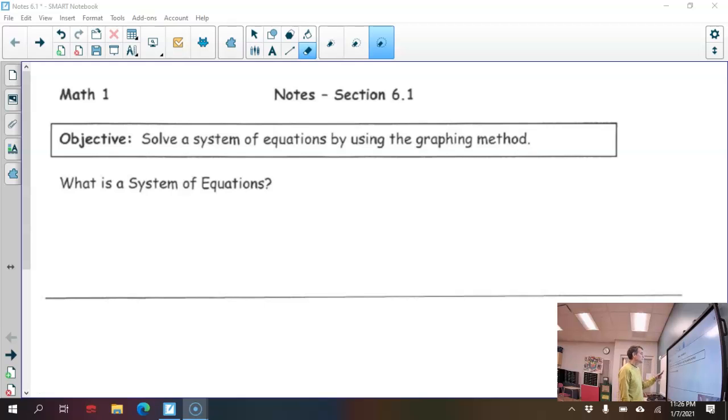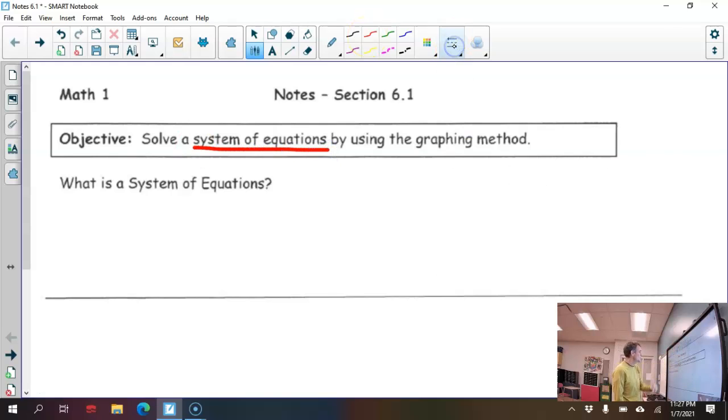Before we can solve a system of equations, I think we would like to know, what is a system of equations? So, here's what it is. What is a system of equations?